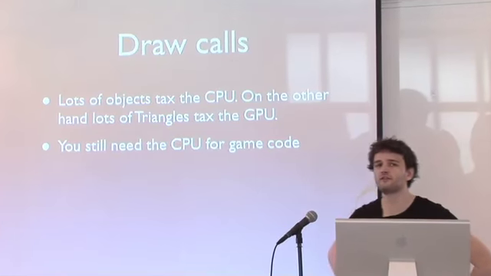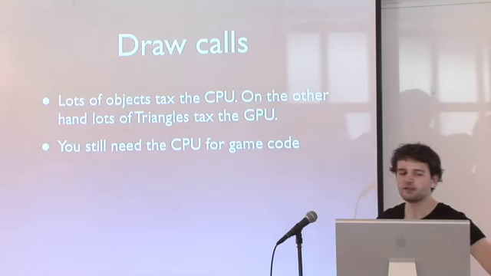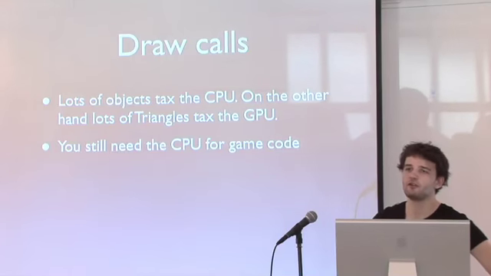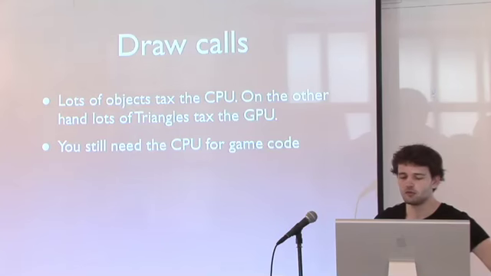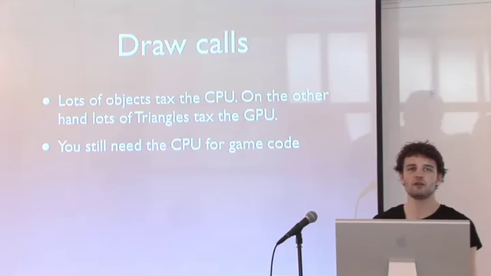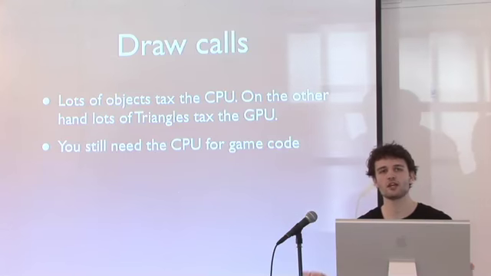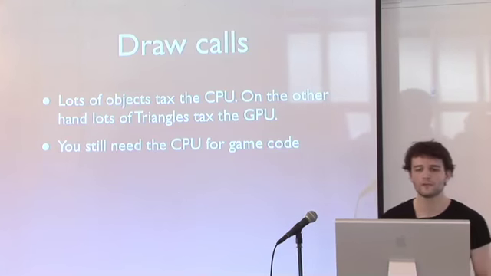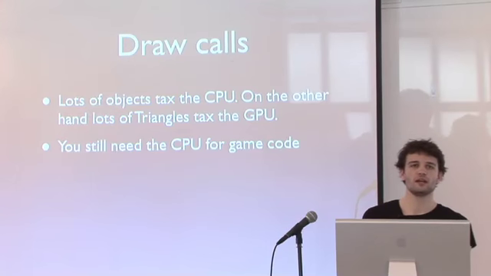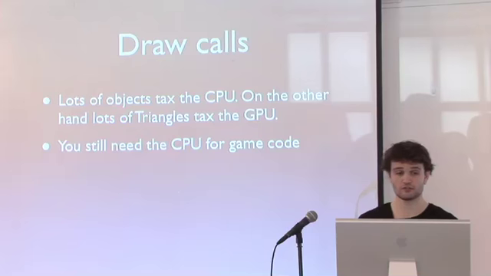You need to run your physics, you need to run your game code, you need to do some raycast and all those things. And you want to have that reserved for the CPU. And if you use the GPU properly by just rendering loads of triangles and vertices and expensive shaders, they can work in parallel. But if you're bound by the CPU, then the CPU is going to be the bottleneck and it's going to be used by those two processors. And that really slows down performance.